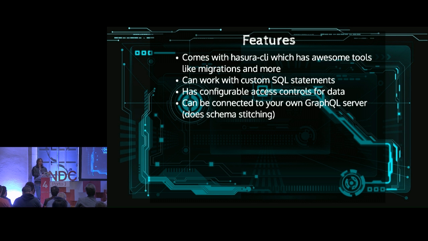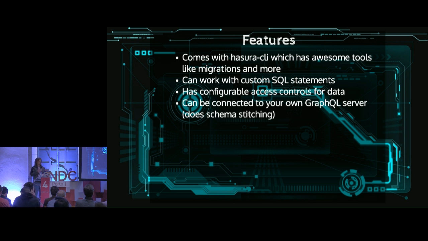You're not limited in any way. You can, for example, have your own GraphQL server, let's say in .NET or in Go or whatever language you prefer, and you want to have the CRUD generated with the engine, but also have some custom business logic with your own GraphQL server. You can stitch the schemas.